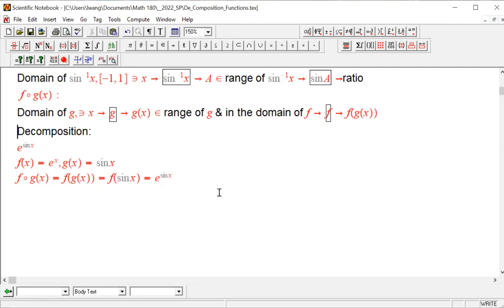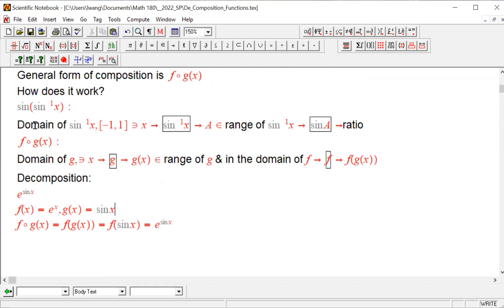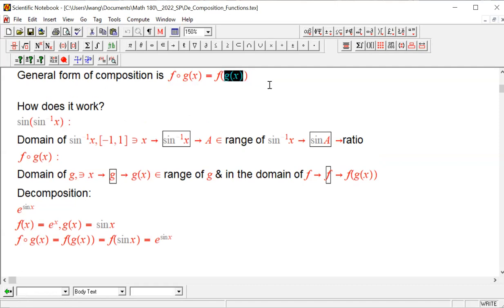So how do we do decomposition? The way I have done the decomposition is that we go from outside in. When we do composition, we go from inside out. You see, this is inside out: the inside is g. So composition is from inside out.